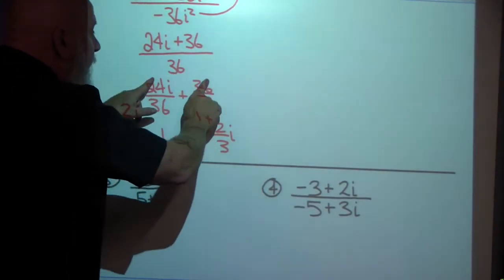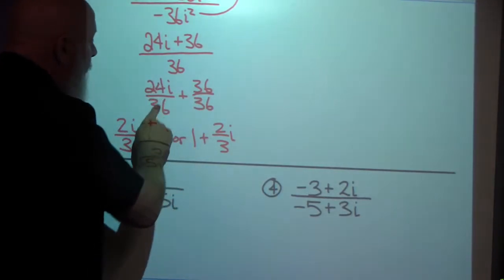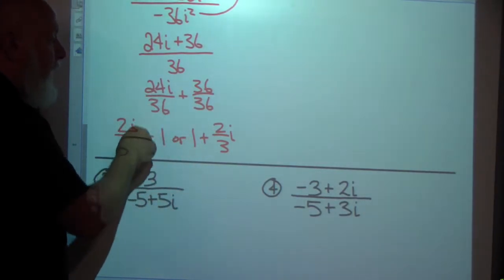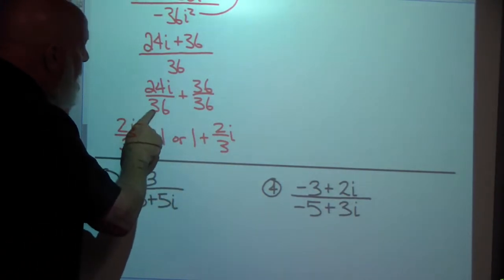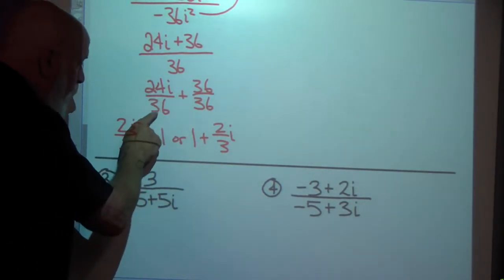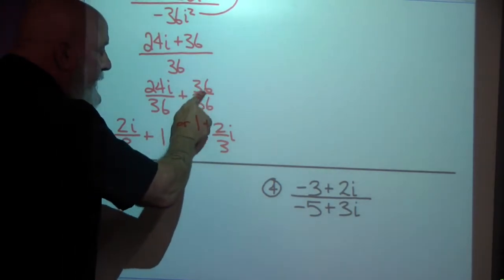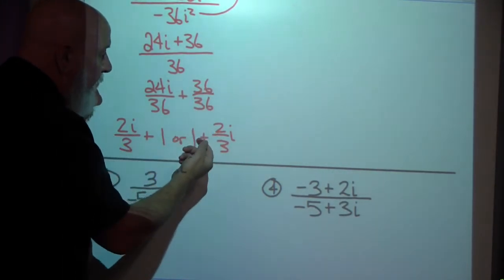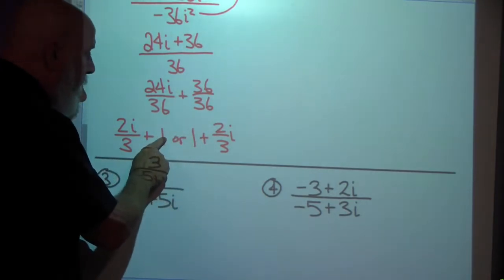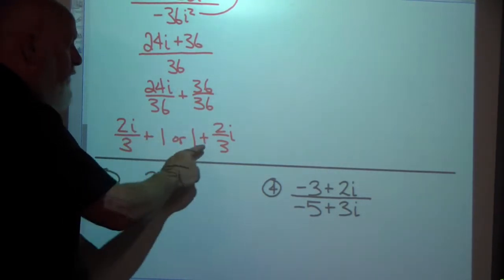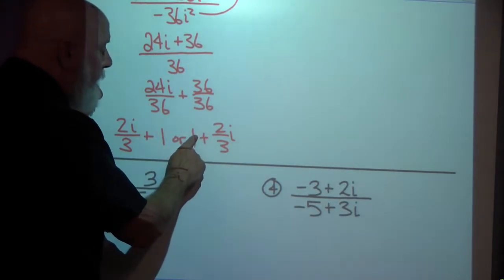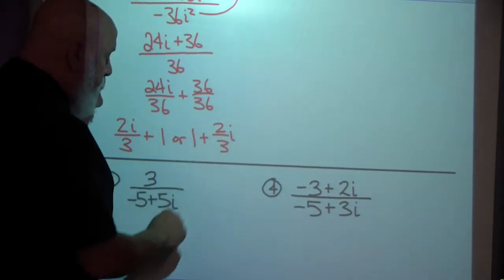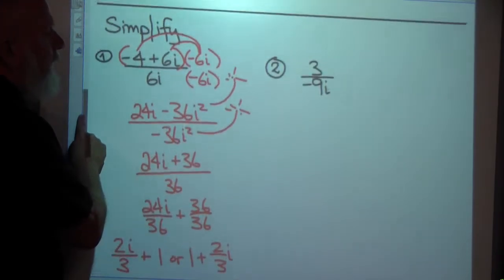So I did, and then I reduced both fractions. I didn't see that both of those would divide by 12 right off the bat because I'm an old man and it's about 6:30 in the morning. So these will both divide by 12, so I reduced that. These will both divide by 36. Anything divided by itself is 1, so I called that 1. And then I switched sides just to put it in standard complex form, real plus imaginary. Let's take a look at another one.